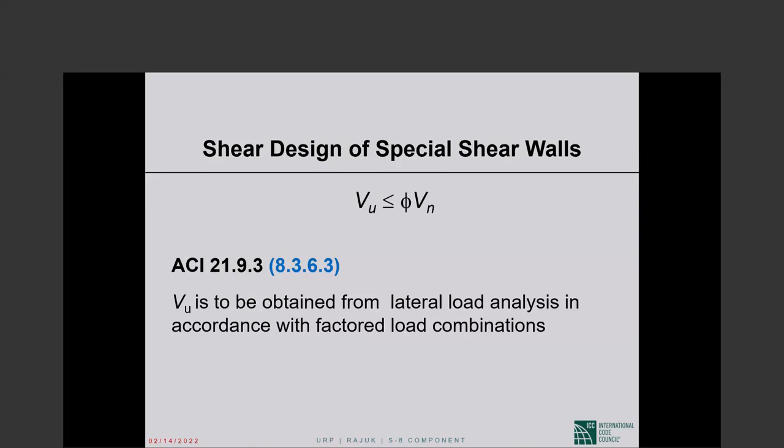That's our V sub u, not the shear that structural analysis under code prescribed seismic forces tells us develops in the member. So we design every special moment frame beam and every special moment frame column for the highest shear that can develop in the member.